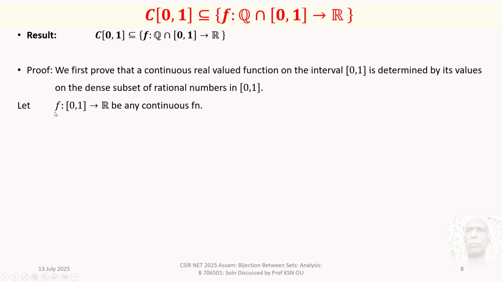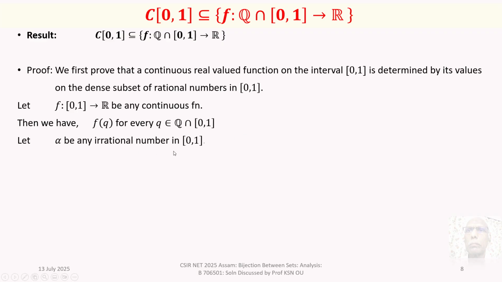Let F from [0,1] to R be any continuous function. Then its values, because it is defined on [0,1], F of q, we know for every q belongs to Q intersection [0,1].